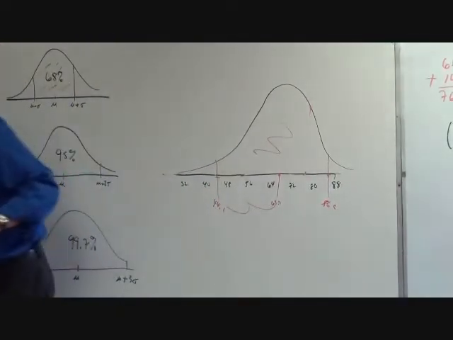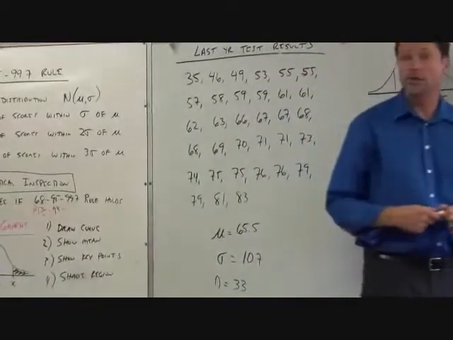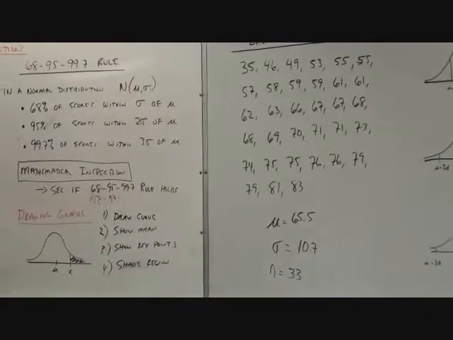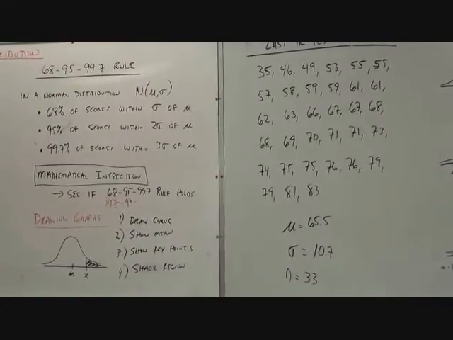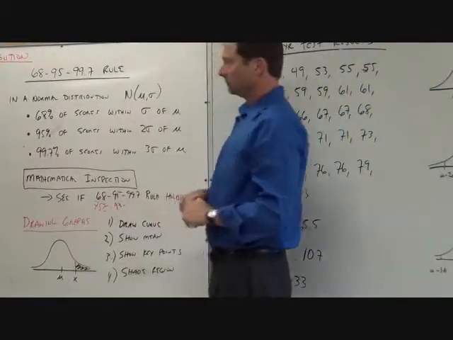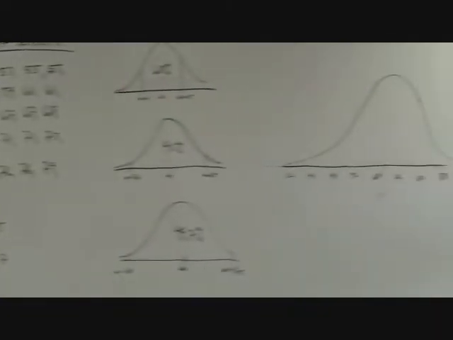All right, 3 standard deviations from the mean, they're all supposed to be in there. Go create your interval and see if, in fact, all of those test scores are within 3 standard deviations of the mean. All right, Kyle, what's my new interval? 33.4 to 97.6.